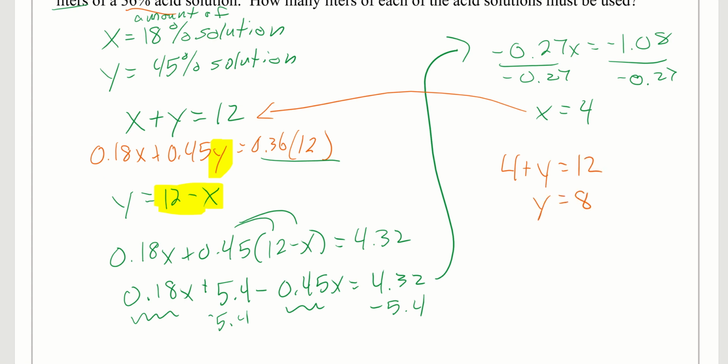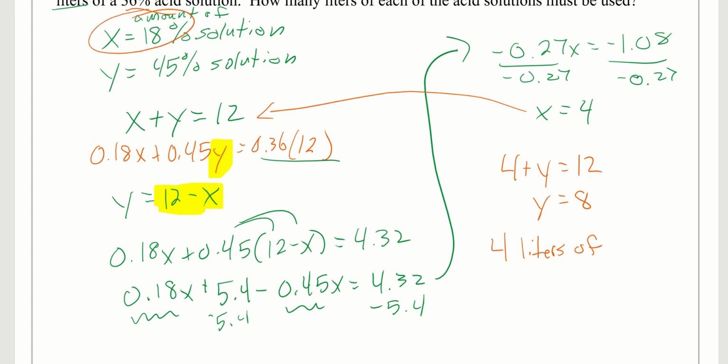Okay, and so when we start doing some of these real life examples, your answers need to be specific and actually make sense. So if your boss said, how much of each solution do I need? And you said 4 and 8. 4 and 8 of what, right? So with these, we definitely want you to write it out. So we want 4 liters of, it says of x.